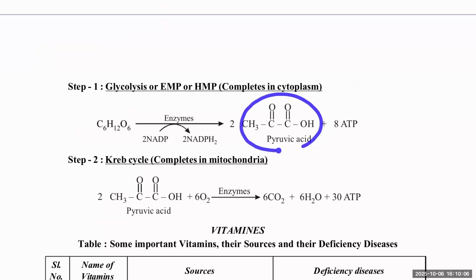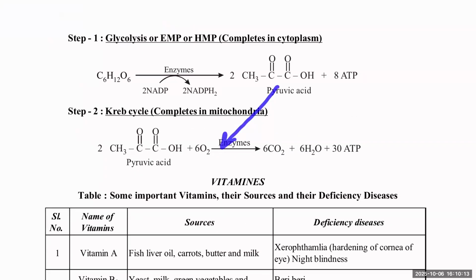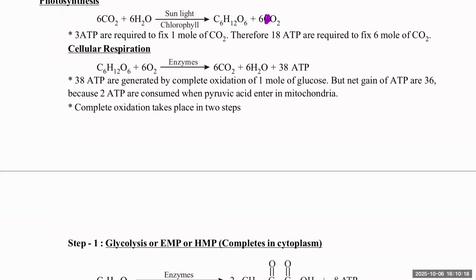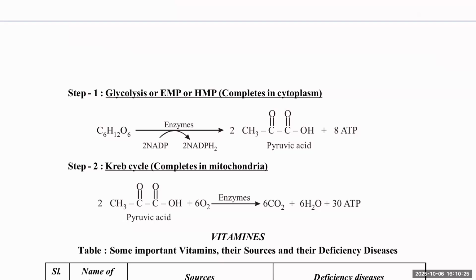And this pyruvic acid would require another 8 when it has to enter the mitochondria. So overall, out of 38, the net gain of ATP is only 36. Okay, because here it is again giving away 6 CO2, so the net amount is only 30 ATP. So basically 30 ATP is what is built up in our body. That's all we need to understand.